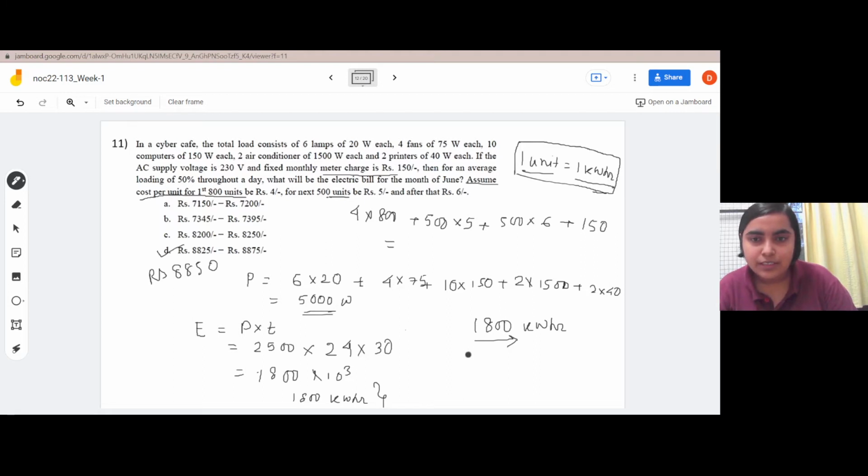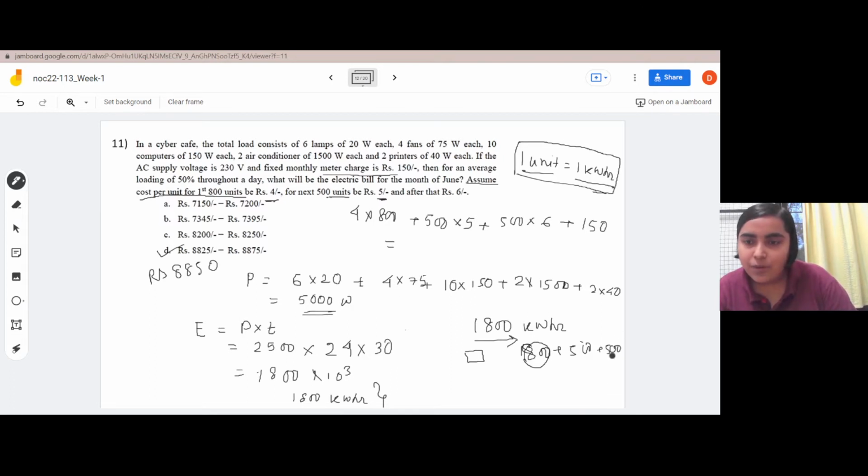So up to a certain unit, suppose out of this 1800, I can write it as 800 plus 500 plus 500, right? Now, for the first 800 units which you consume, the cost is rupees 4. Then, when your 800 units have passed, for the next 500 units, the cost is rupees 5 per unit.